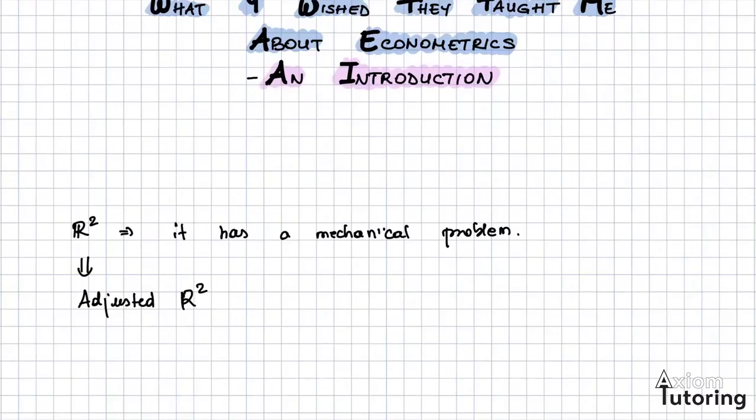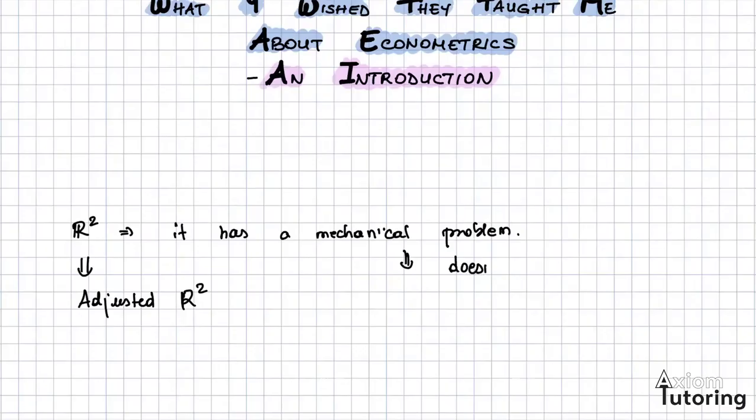Why? Because the regression can always fit the data at least as well when you give it more flexibility. In a sense, R squared rewards complexity even when it's not deserved, meaning when you're adding a variable that is completely irrelevant.